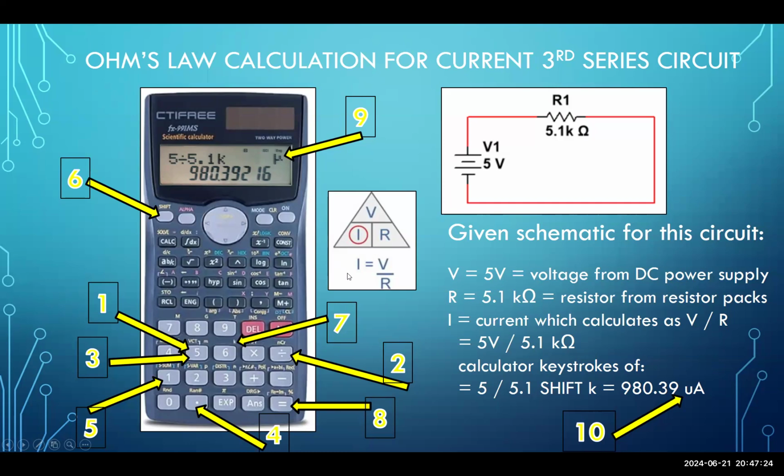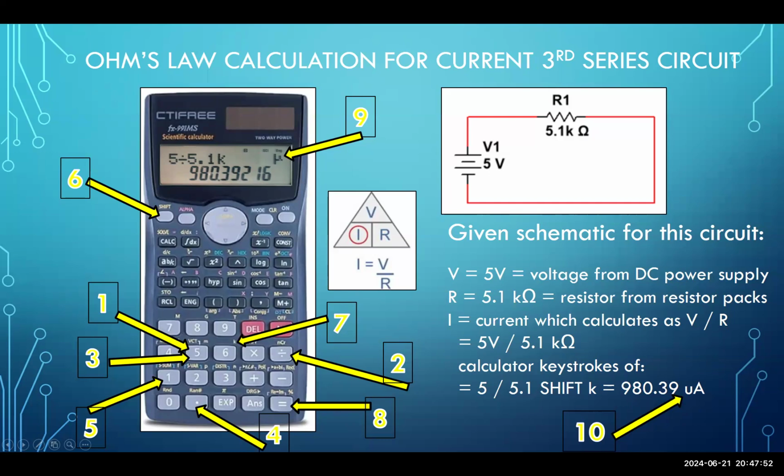Pretty sweet. Then step number 8, hit the equal sign, and step number 9, confirm your calculator display: 980.39 micro. And what did we calculate? We calculated 980.39 microamps. So our calculation so far is jiving with my notes, and hopefully you've done these button presses.